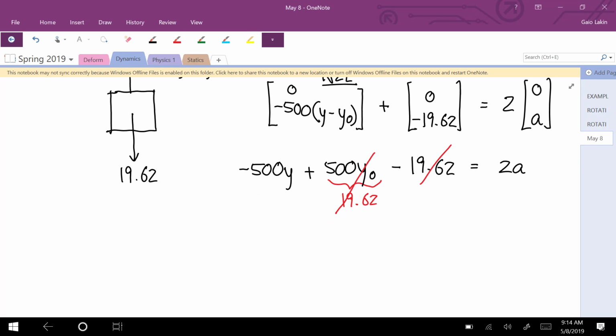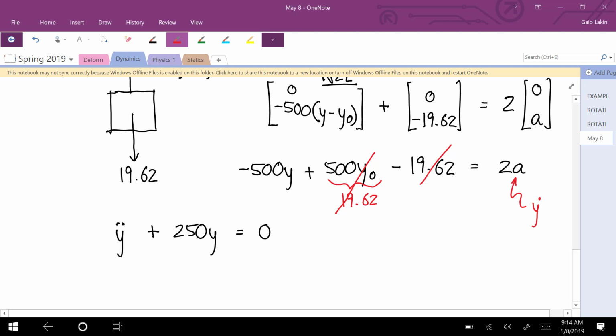And you end up with y double dot plus 500 divided by 2 y, so 250y, is equal to 0. Because this a is y double dot.